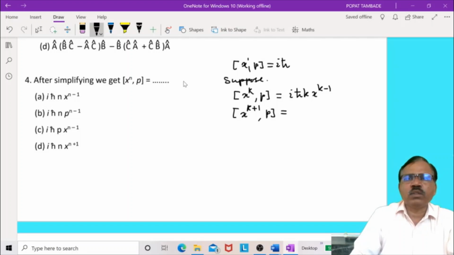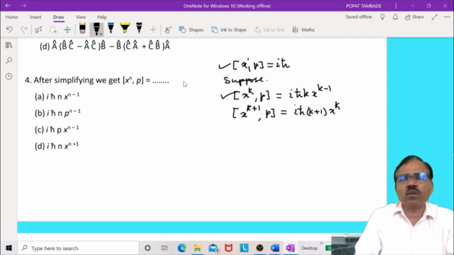That is, it is true for k plus 1, that is i h bar (k plus 1) times x raised to k, by mathematical induction. We have assumed this is true for x raised to k comma p, and we show that the commutator bracket of x raised to k plus 1 comma p is equal to this.